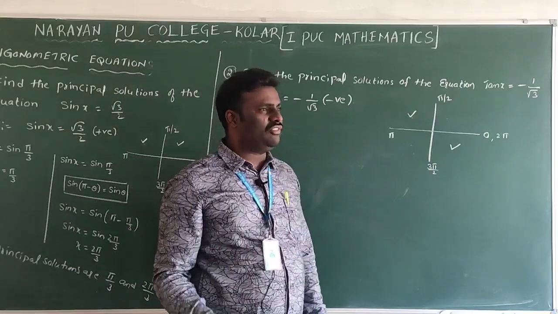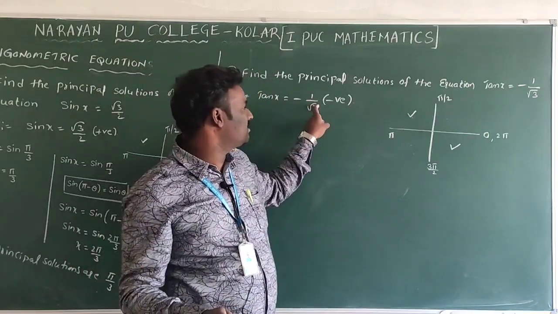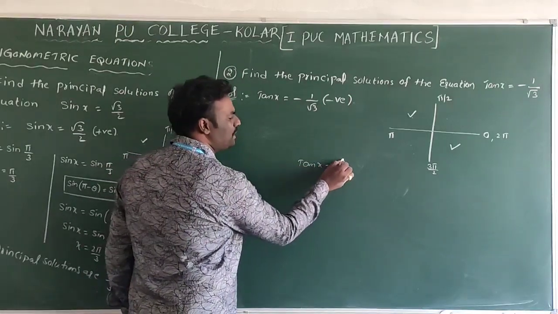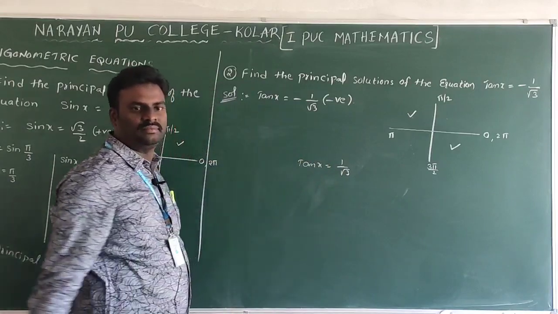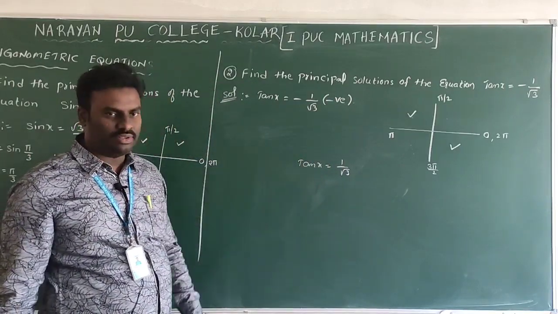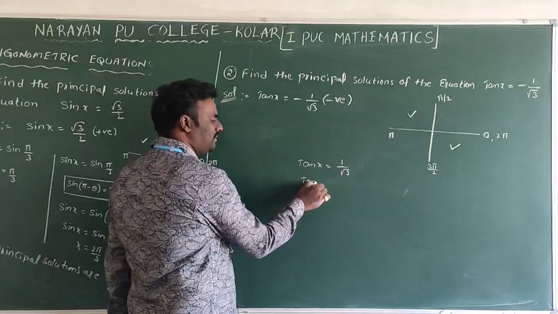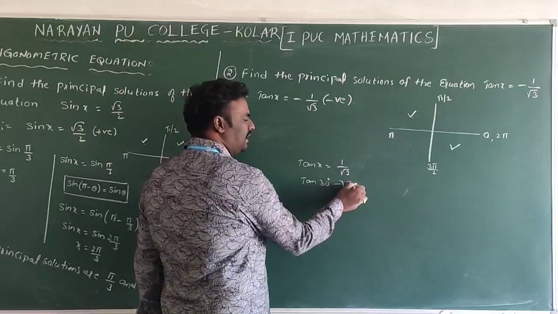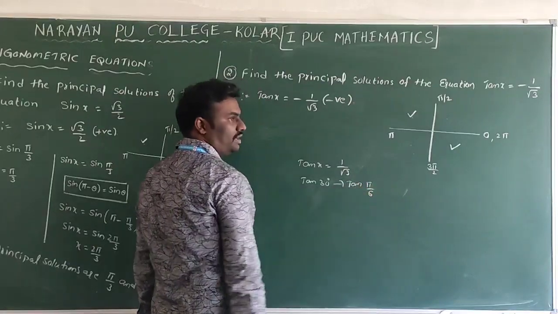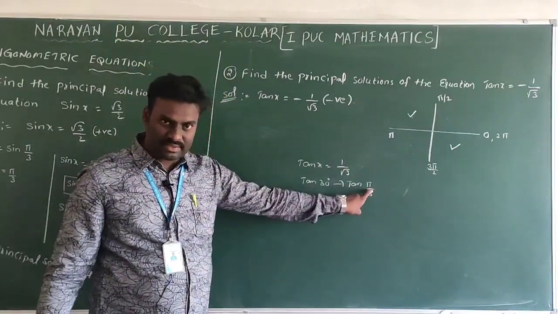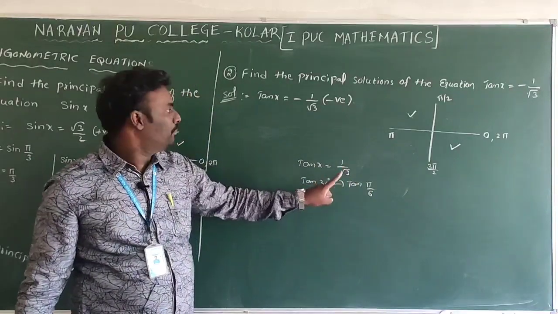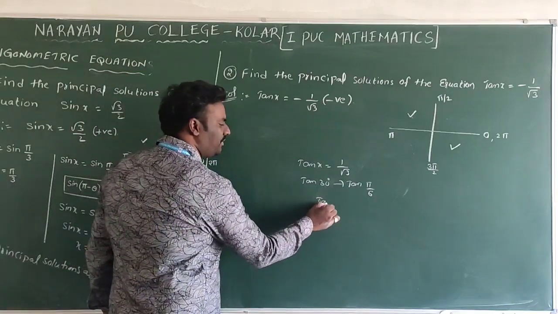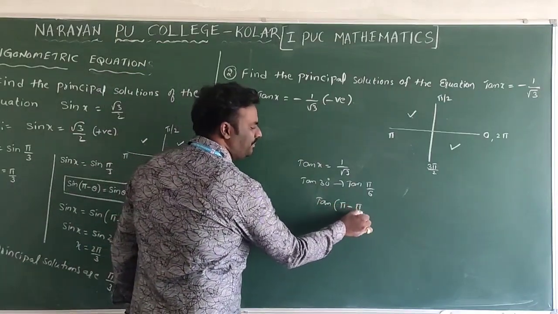Between 90 and 180, for which value will you get minus 1 by root 3? Already, when the tan value is plus 1 by root 3, we know clearly, by using the table, in 10th standard also we know. What is the value? Tan 30. 30 can be written as tan pi by 6. If you take pi by 6, you will get 1 by root 3. But what we have is minus 1 by root 3. That's why we can write tan of pi minus pi by 6.